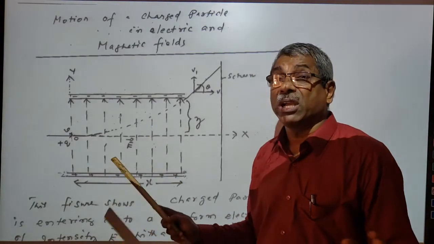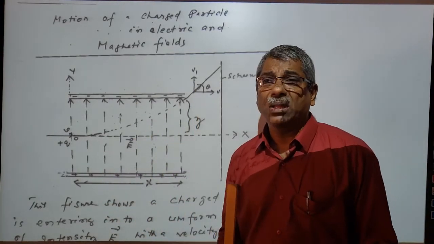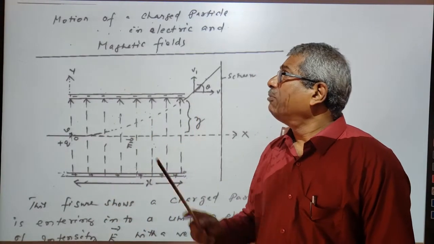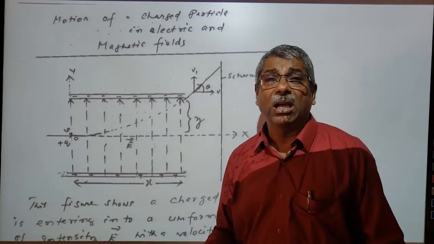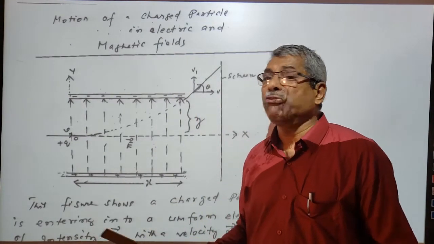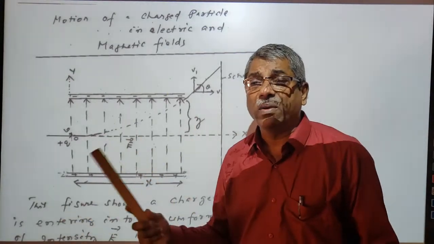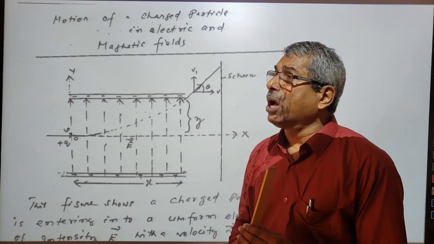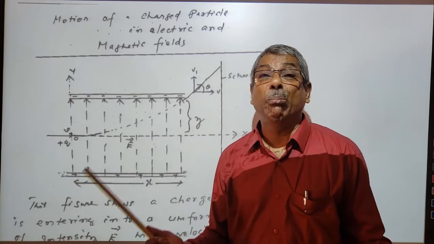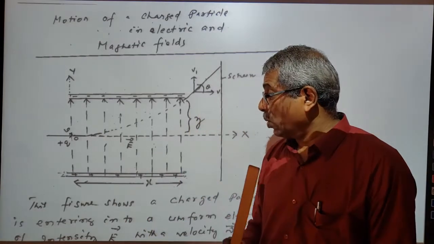That is what I am going to explain. You have to prove that. These two conditions we have to prove. First, in the electric field, how a charged particle behaves and what kind of path it describes in the uniform electric field. Then after that we will discuss how a charged particle behaves in a uniform magnetic field. Today's topic is this only.